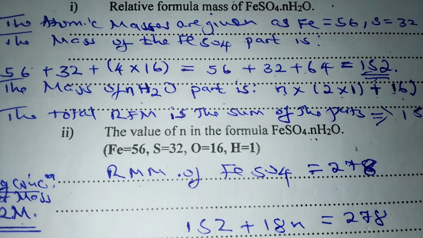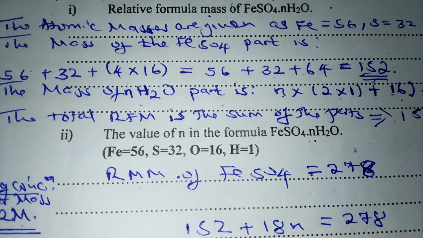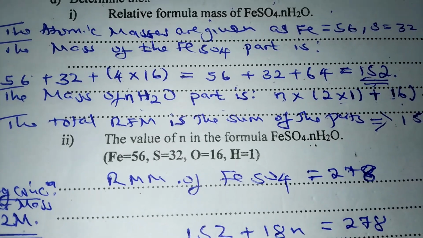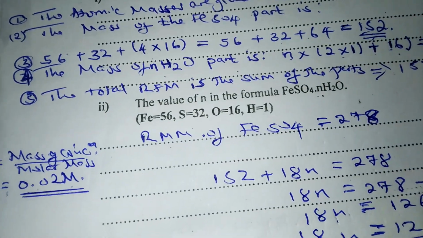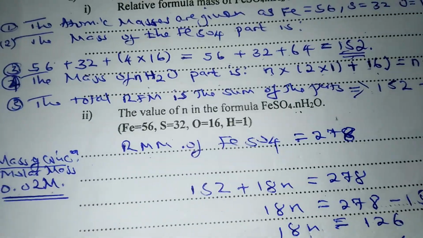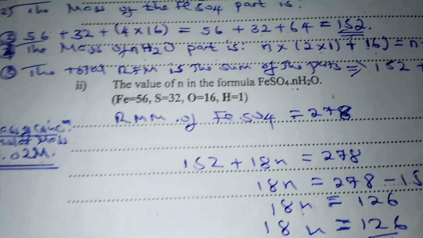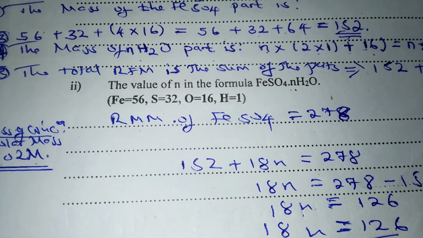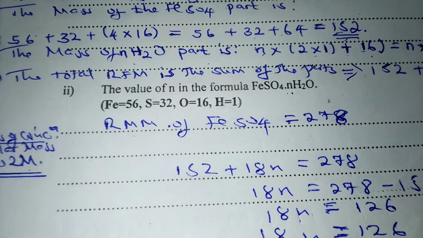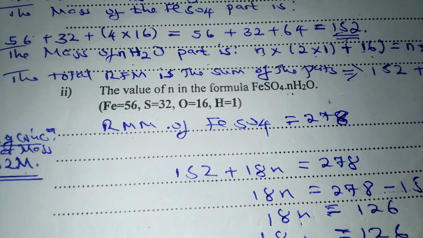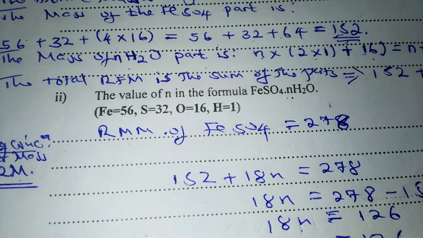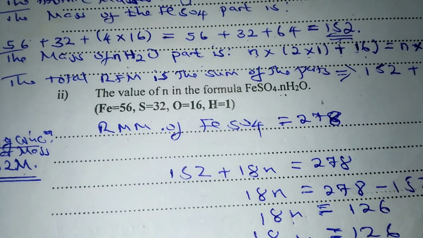So we equated the relative formula mass of hydrated ferrous sulfate, which is 278, because we always know that. So 152 plus 18n, we equated to 278.